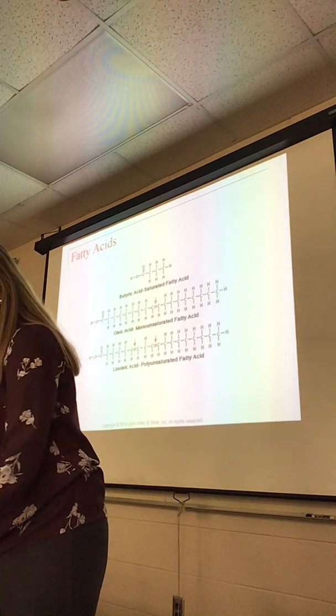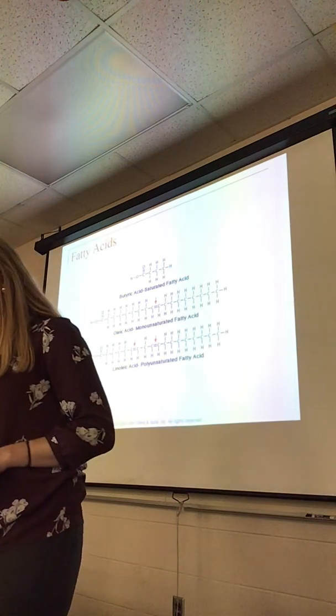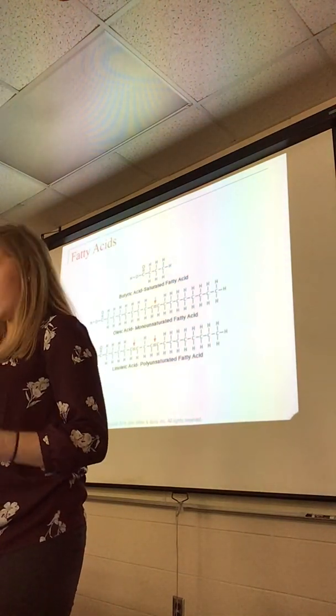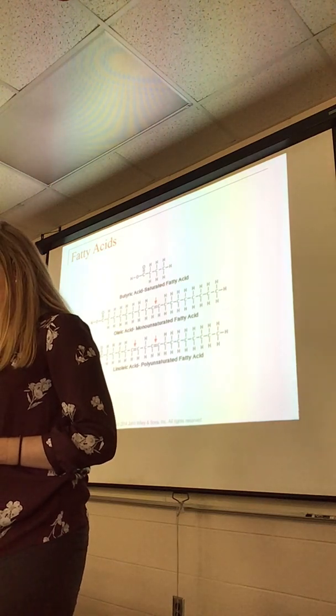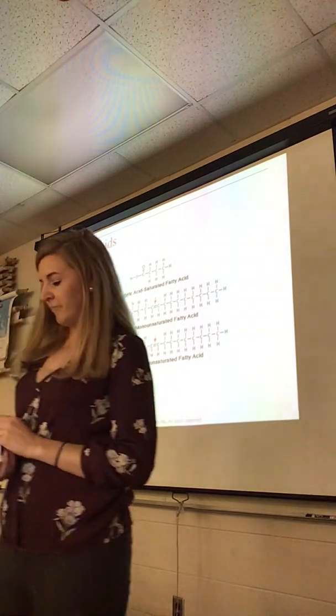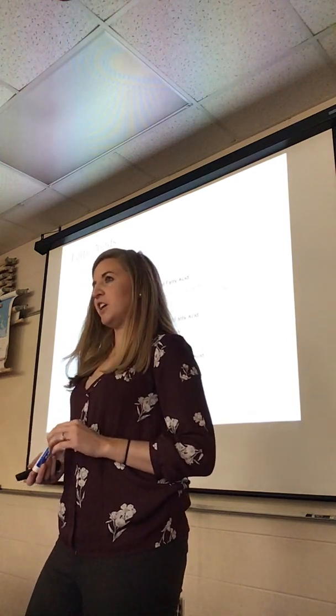So monounsaturated are going to be things like olive oil, peanut oil, canola oil, avocados. Pretty healthy. Polyunsaturated are things like sunflower oil, corn oil, soybean oil, even fish, fatty fish.